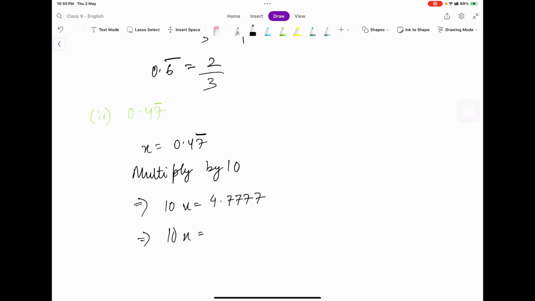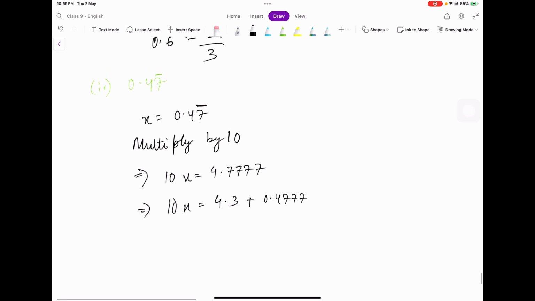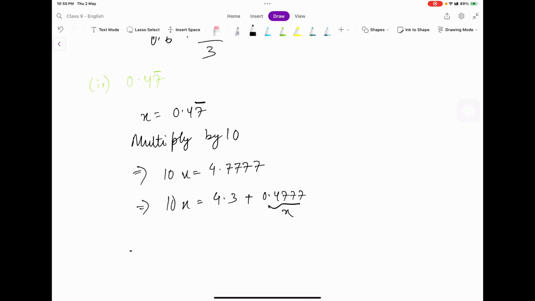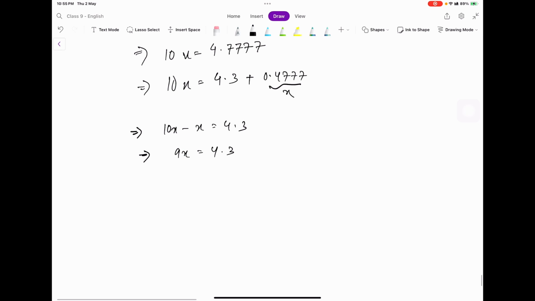So how do we do this one? If you subtract, you will get 4.3. So this is x, and 10x minus x equals 4.3. So 9x equals 4.3, so x equals 4.3 by 9, which is 43 by 90.